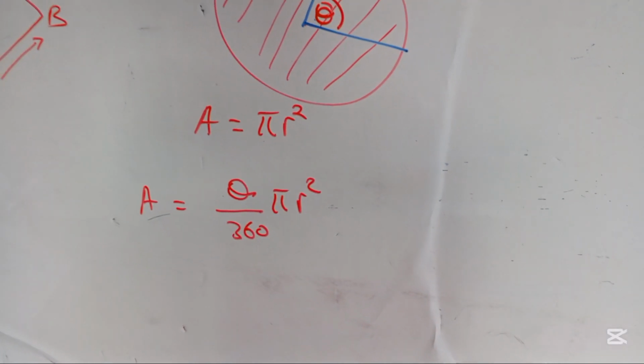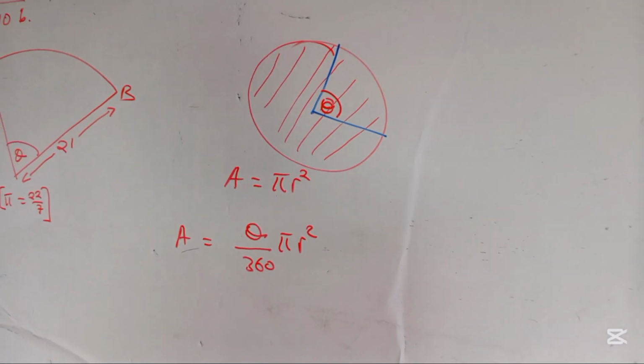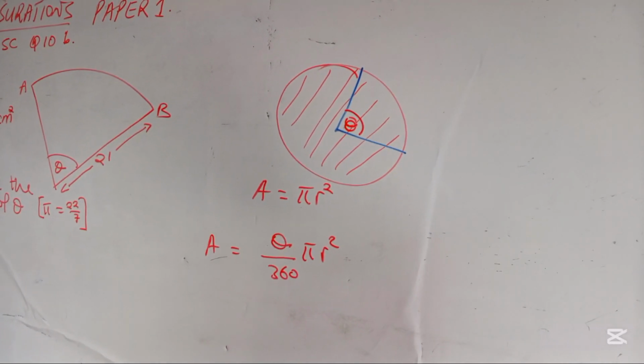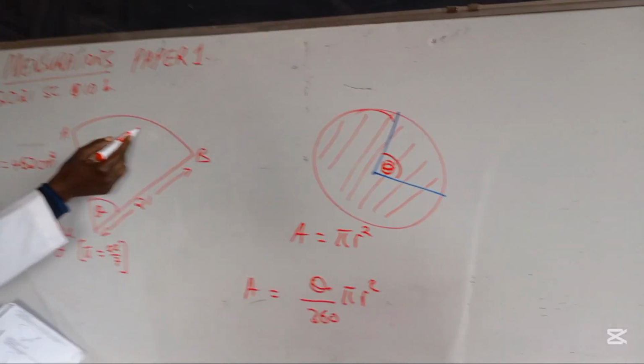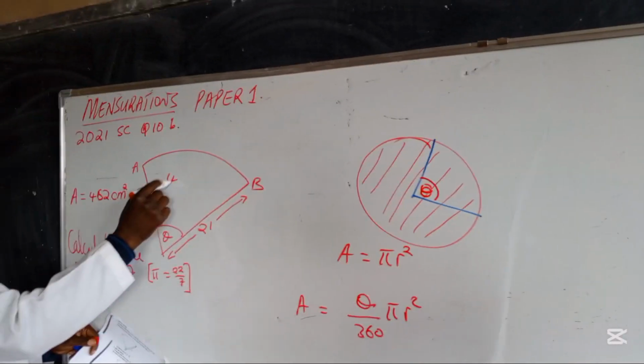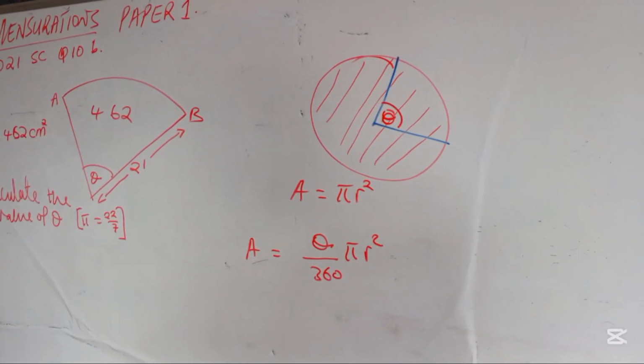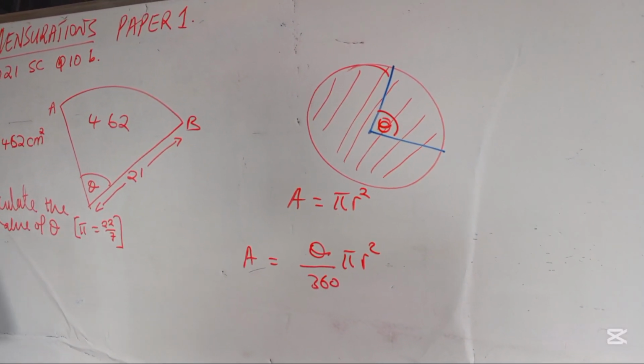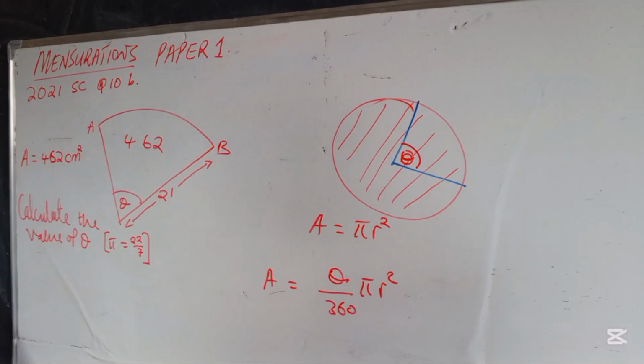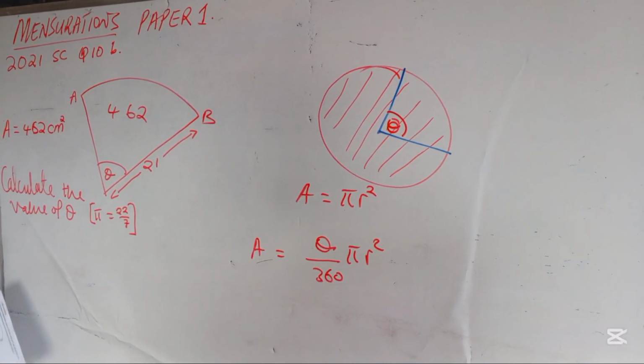So now, how do we work out when you are given the area? Already, they have told us the area here. We are given 462. Now, how do we calculate the theta? Because that's what they are asking us. To calculate the theta, very nice and simple now.